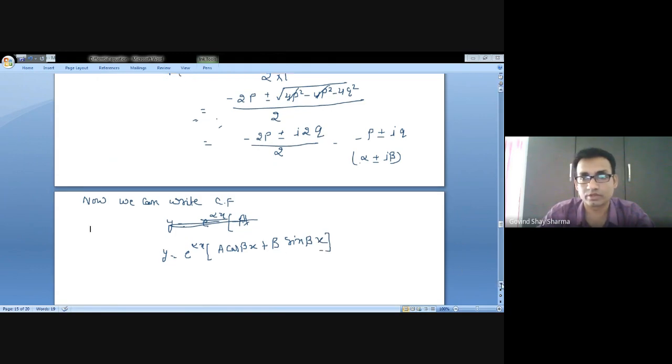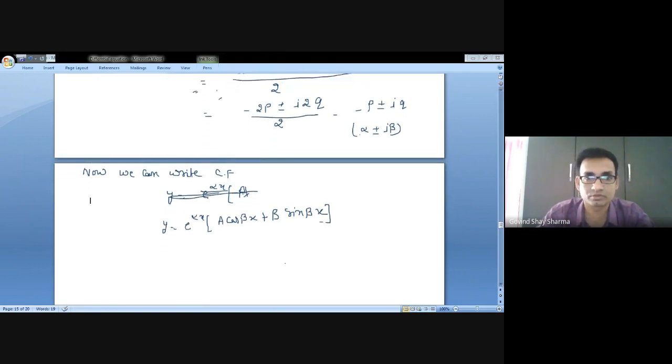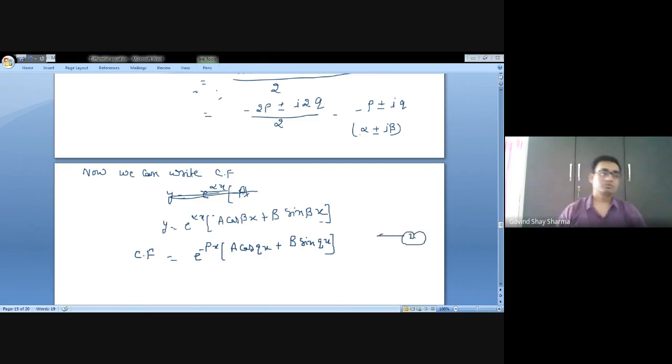So here alpha is equal to minus p and beta is equal to q. So we can write y equal to e to power minus px, a cos qx plus b sin qx. This is our solution of the question.